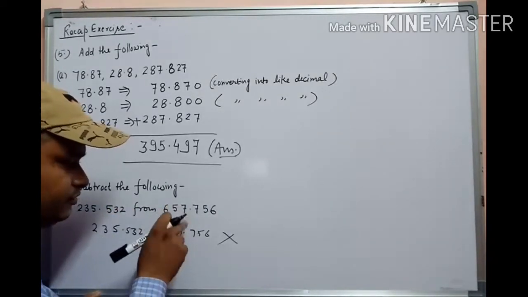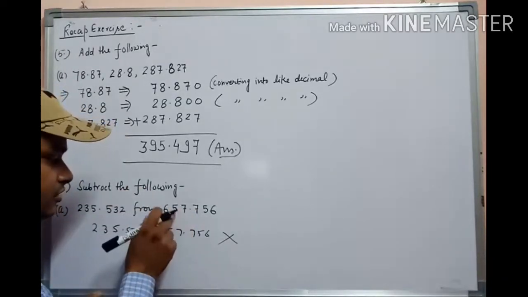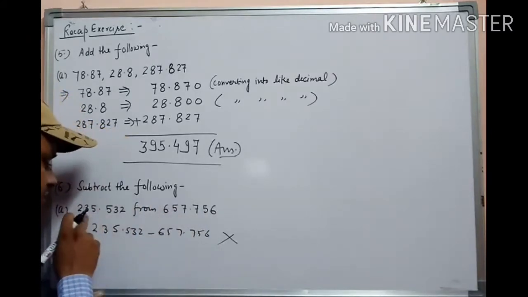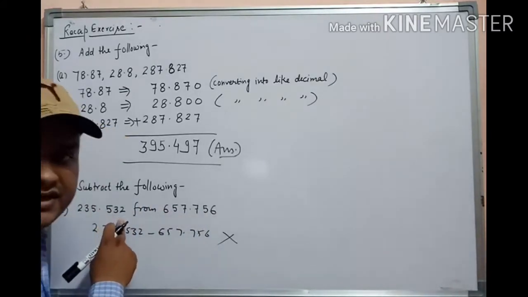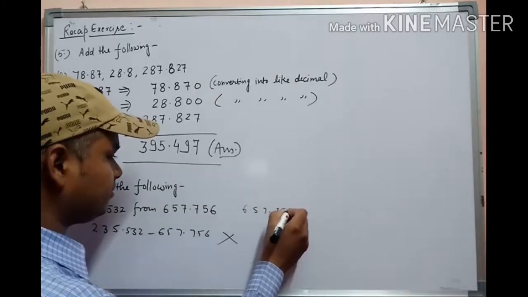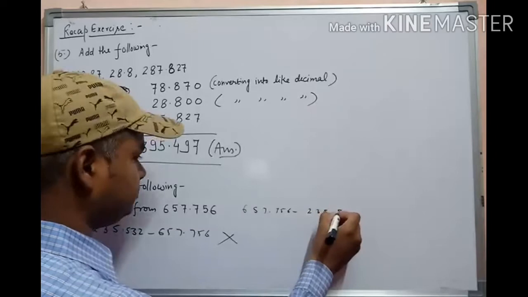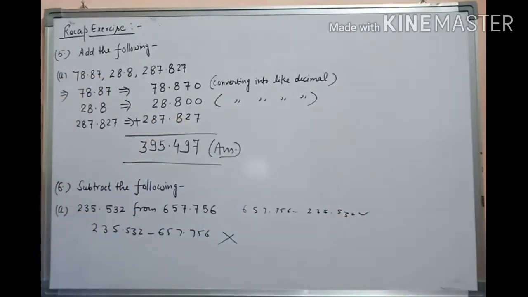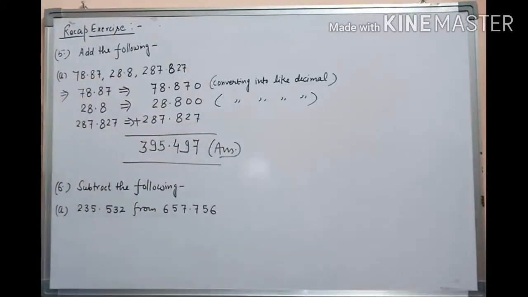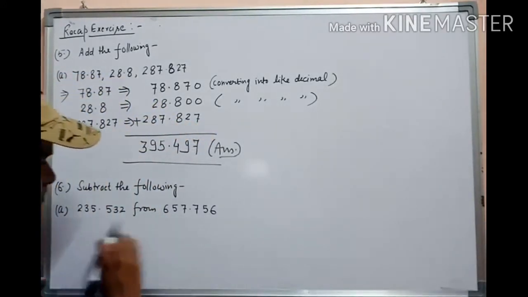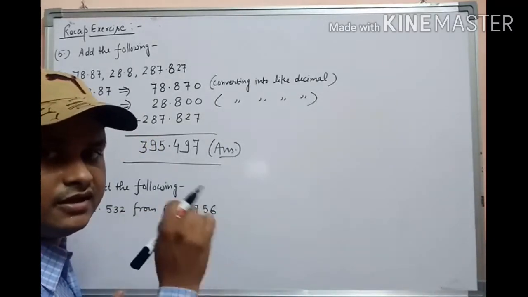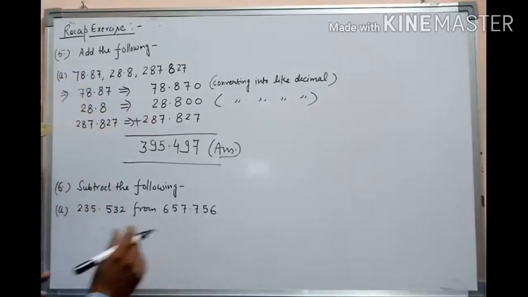It means 657.756 में से 235.532 सब्ट्रैक्ट यानी घटाना है आपको, ठीक है। तो आपको इस तरह से लिखना होगा। This is the right way. Many students make this mistake, so this is the key point if you want to subtract one number from another.